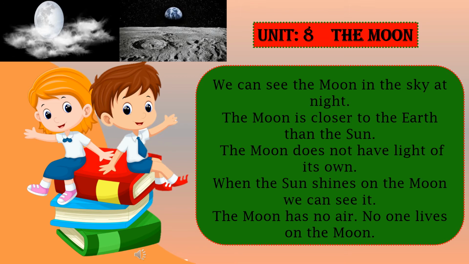The sun is far away from the earth than the moon. The moon is closer to the earth, as the moon as a satellite is rotating and revolving around the earth, and the earth is rotating and revolving around the sun.